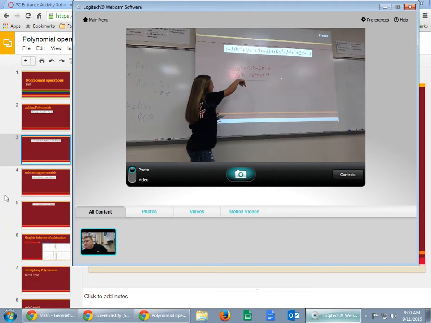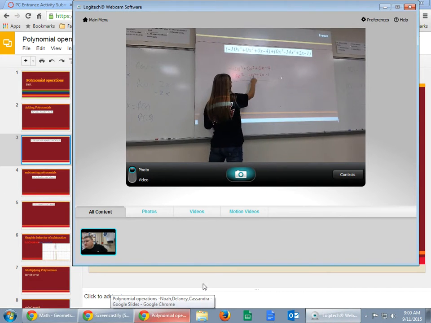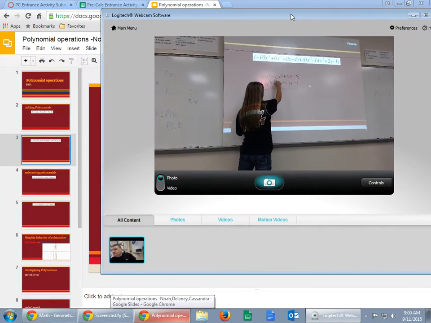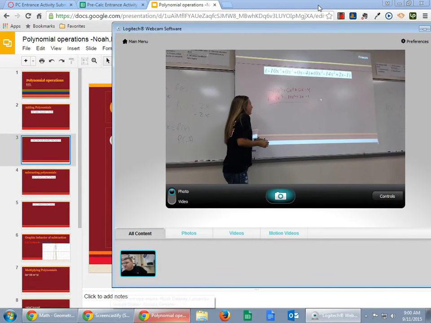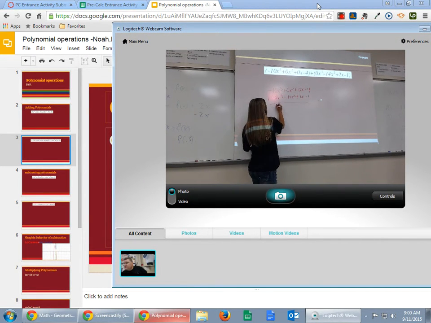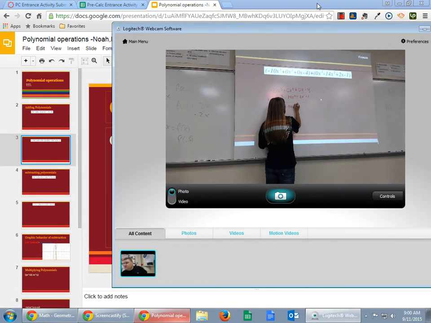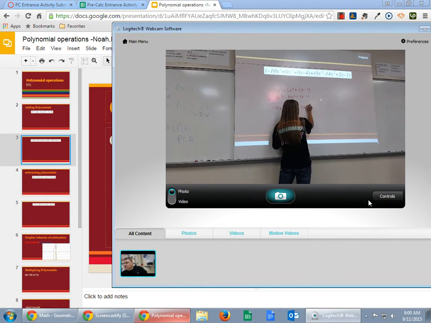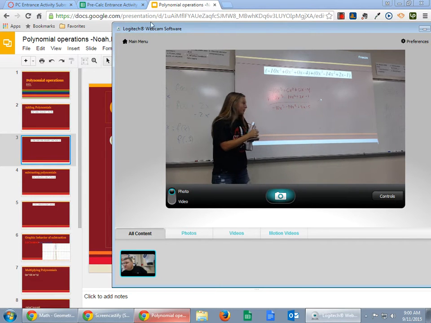Like if we were to just put minus 4 right here, you could have tried to add it right there. So this would be negative 10x cubed minus 14x squared plus 2x minus 5.